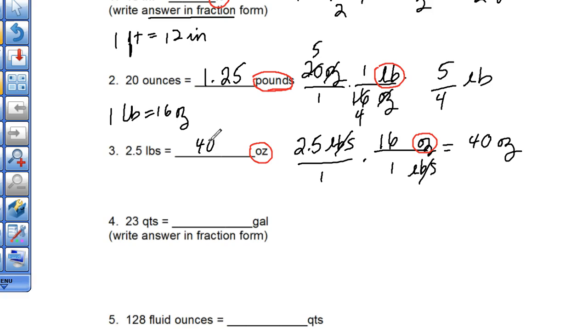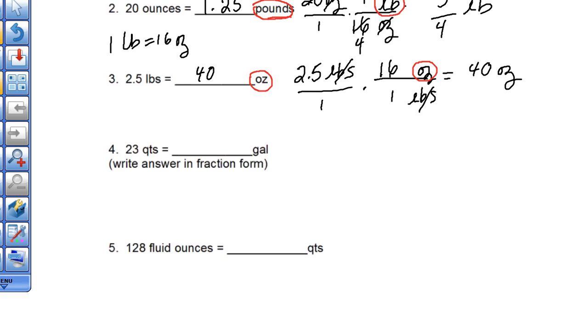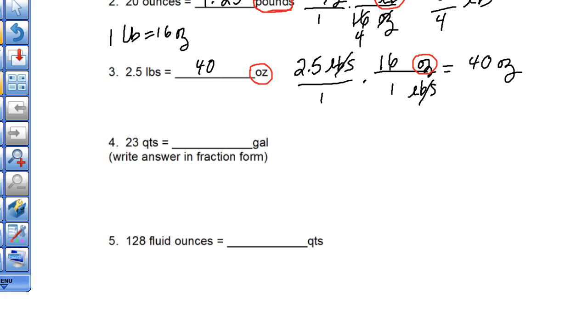Number 4, we want to write 23 quarts into the form of gallons. So I'll start with my 23 quarts. I always put my starting amount over 1, realizing that I'm going to be doing a multiplying fraction problem. I want to go from quarts to gallons. So gallons needs to be on the top, the last unit that I have there.